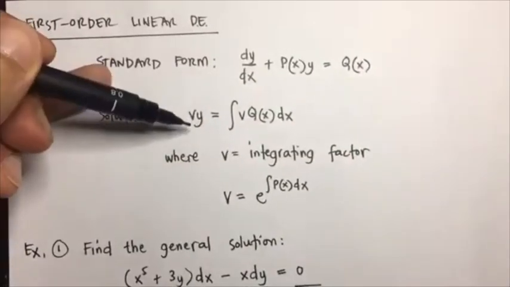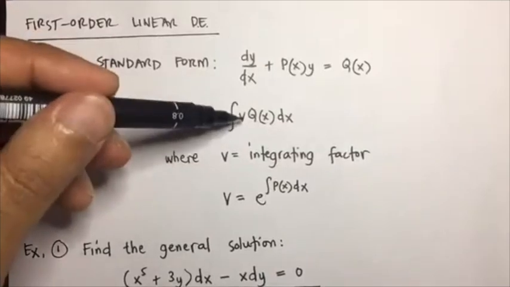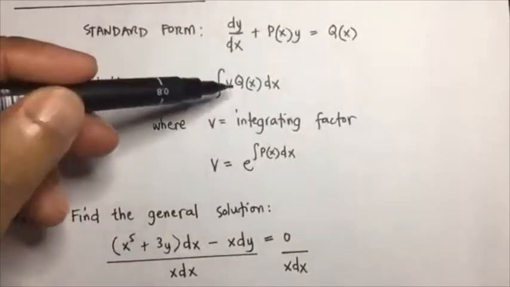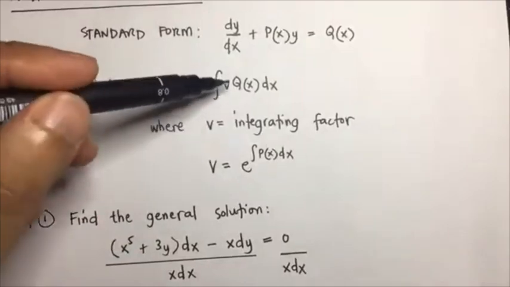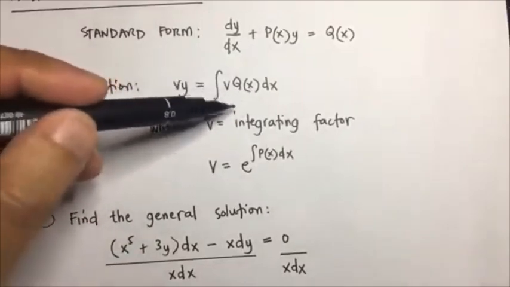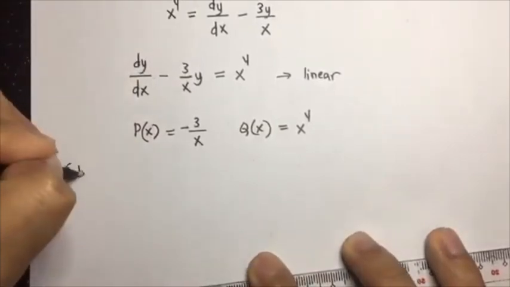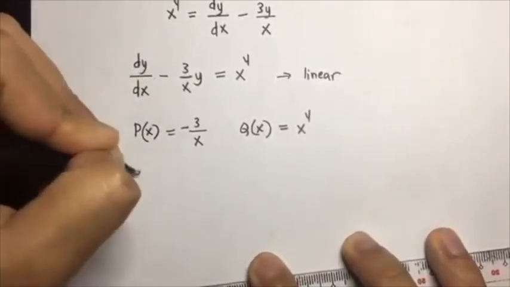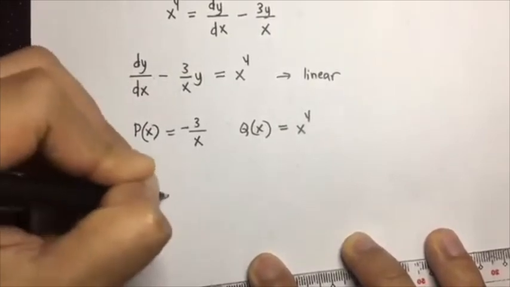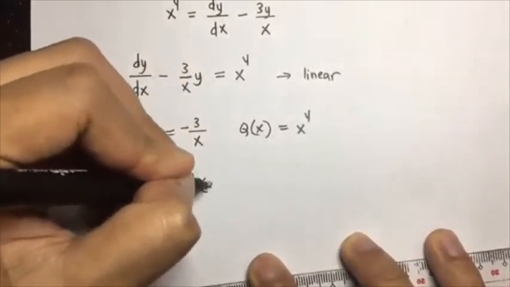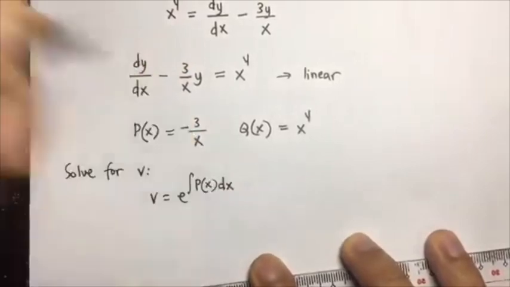Now using the formula v y is equal to the integral of v times q of x dx, we need first to solve for the integrating factor before we can integrate the right side of this equation. So solving for v, v is equal to e raised to the integral of p of x dx.